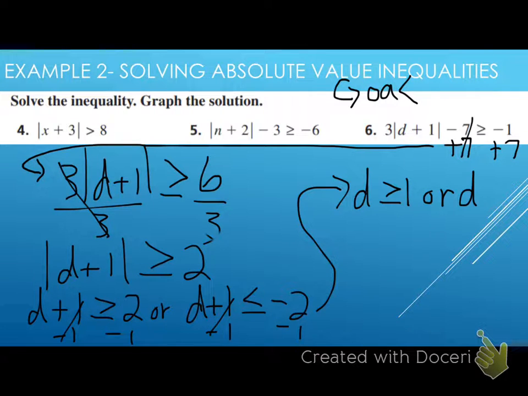Once again, I get D on the left. Negative 2 minus 1? Negative 3. Symbol flip or stay? Stay. Are the D's now by themselves? Yes, they are. So my solution is any number that's greater than or equal to 1 or less than or equal to negative 3. Am I good to graph?